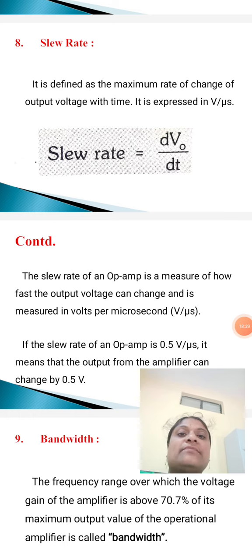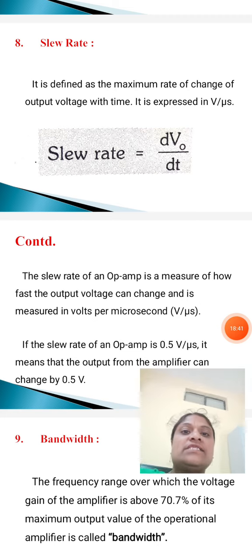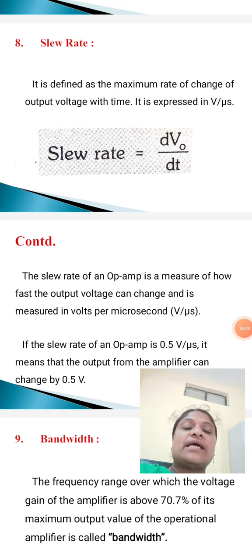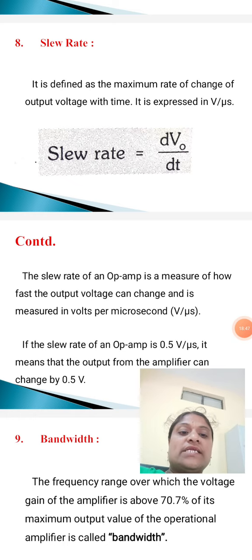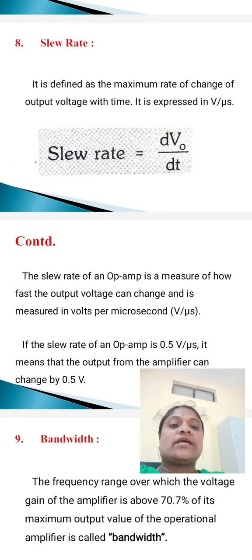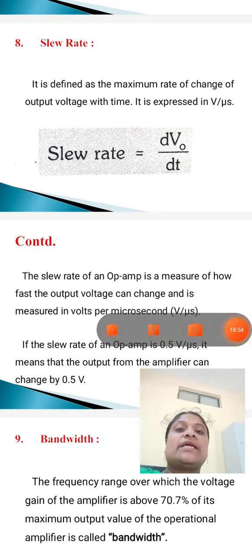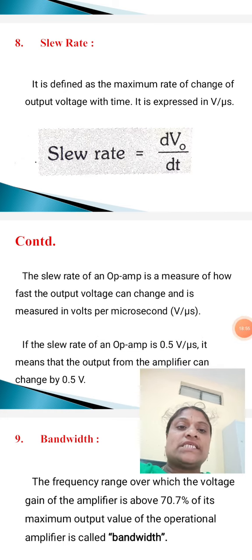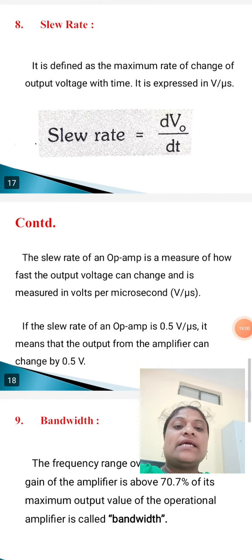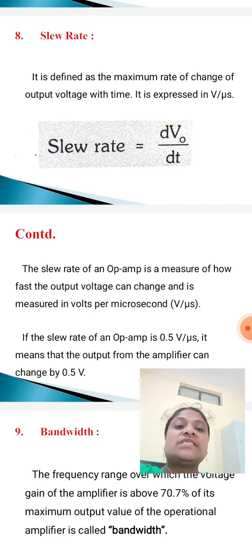I repeat once again the definition of slew rate. It is defined as the maximum rate of change of output voltage with time. It is expressed in volts per microseconds. Mathematically it can be expressed as slew rate is equal to dV naught by dt. Observe this equation.